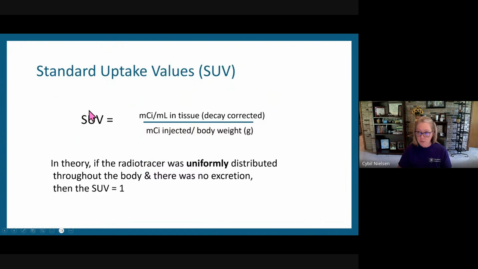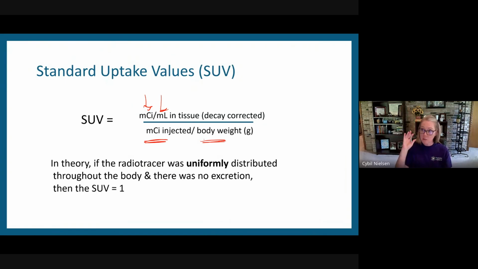So in the SUV calculation, we have to figure out how many counts are in that ROI, convert it to activity, and correct it for the size of the ROI. And then in the denominator, it's how much activity did we give the patient, corrected for the size of the patient. So the numerator is just how much is in the box, corrected for the size of the box.